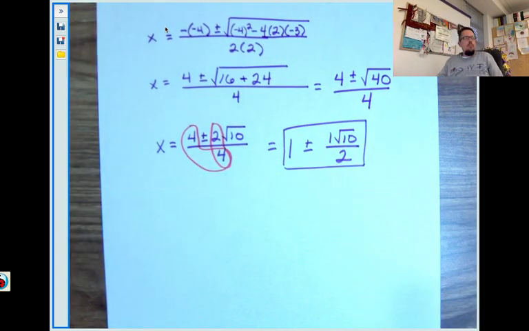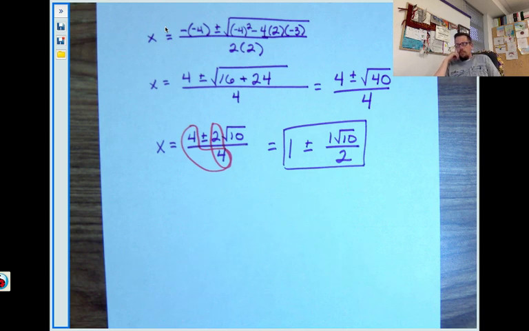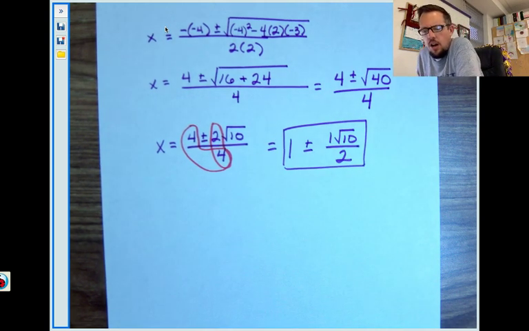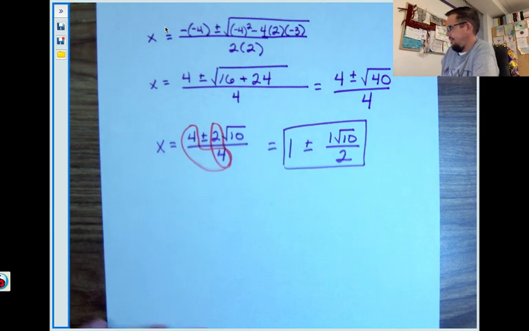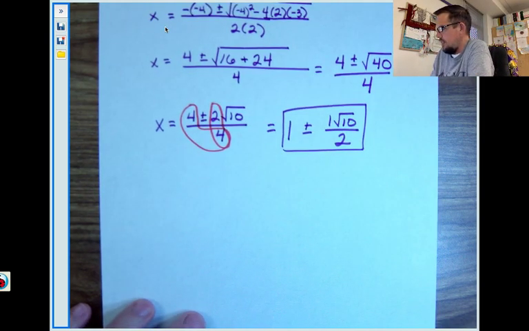You could also separate it: 1 plus square root of 10 over 2 and 1 minus square root of 10 over 2. And you could also turn the 1 into something that had a denominator of 2 and put it back together into one fraction. But every time I do that, you guys shout and throw garbage at me, so we're not going to do it this time. I'm tired of the abuse. Okay, that doesn't seem bad. I think I could almost live with this.